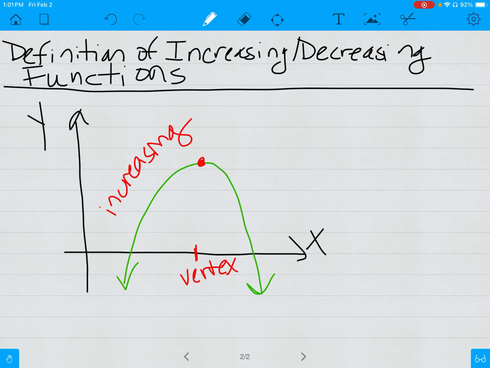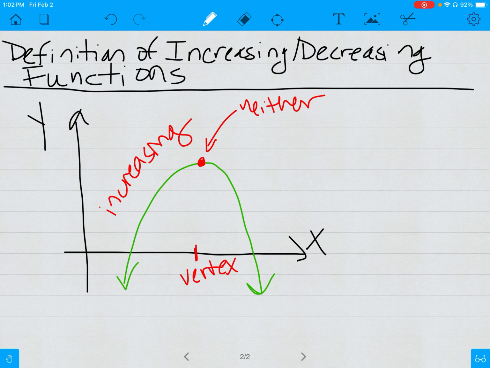Once I get to that vertex, which by the way, at the vertex, the function is neither increasing nor decreasing. And we'll talk about that a little bit more later on. And then if I'm at the vertex and I think about moving to the right along the x-axis and following the graph, I can see my y values are going down. The further right I go, the more down and down and down they go.